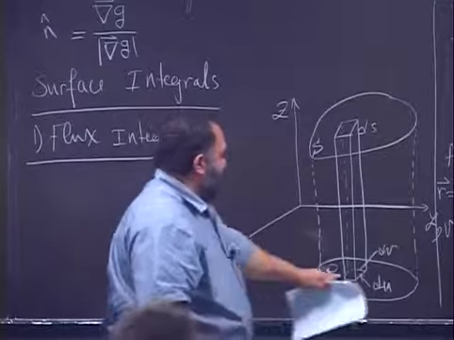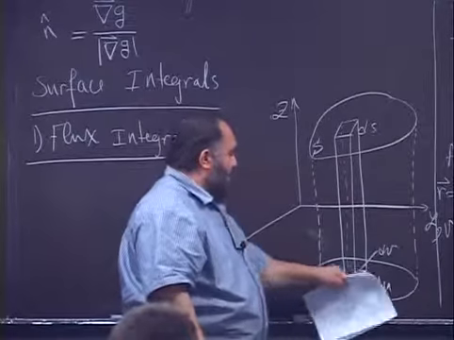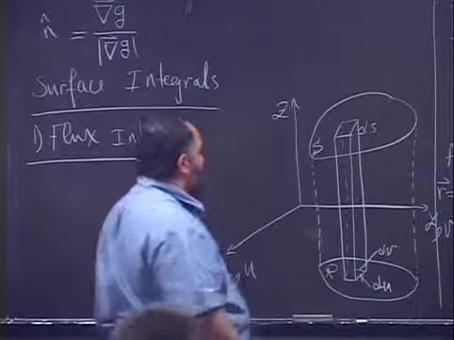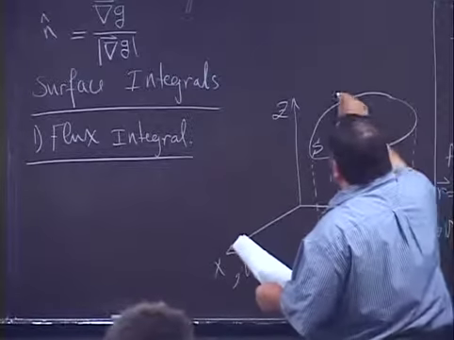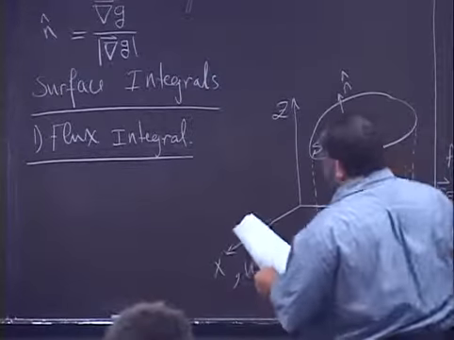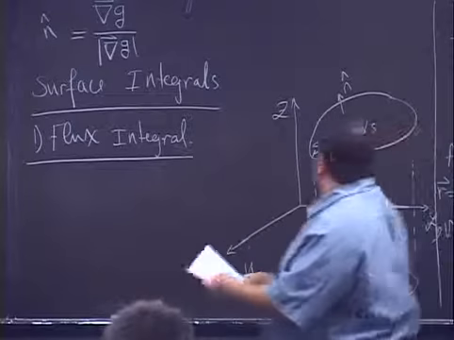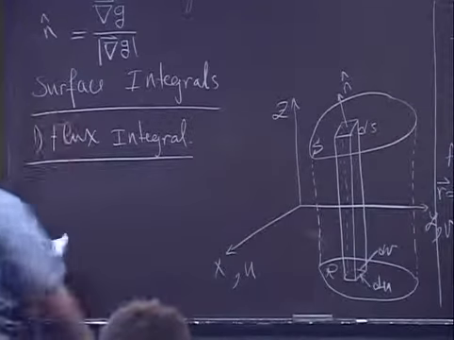So the area on the region R is just dv by du. The area on the surface is just ds, and it has a normal to the surface, which is n hat.